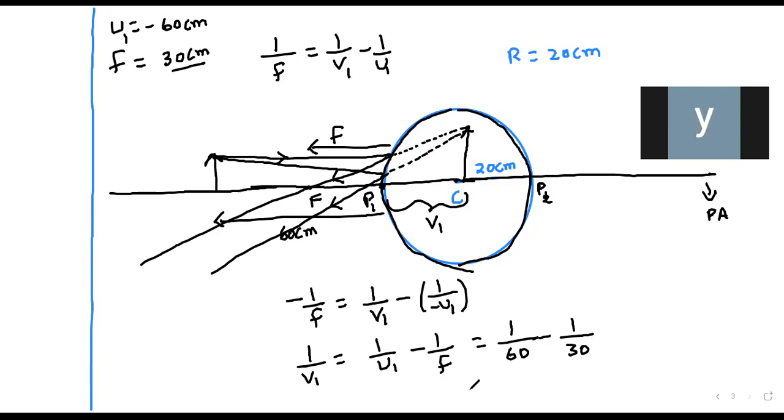For the entire sphere, the focal length is constant. So now the object distance U2 is nothing but V1. The light ray is moving towards the right, so we are measuring the distance in the opposite direction. So U2 equals minus V1, right?